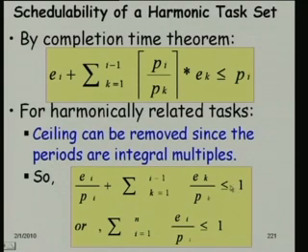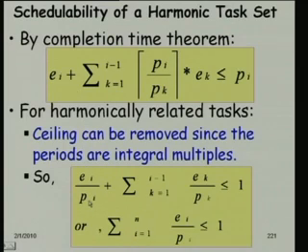We have arranged the set of tasks in increasing order of their periods. So, the first task, i equal to 1, is the task with k equal to 1. When k equal to 1, the task has the lowest period or the highest frequency, and we are checking for the ith task.